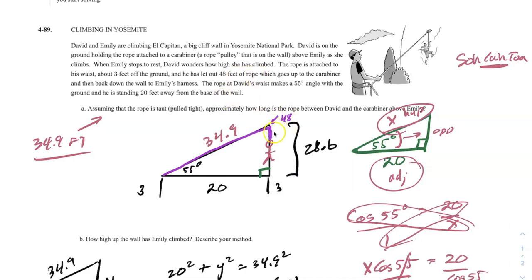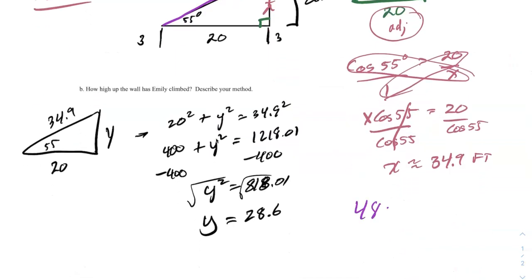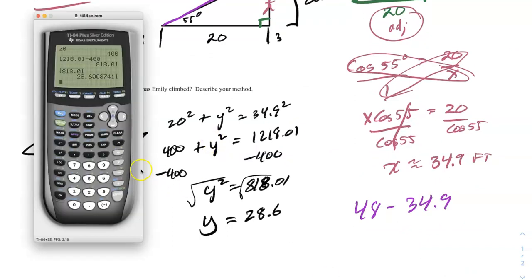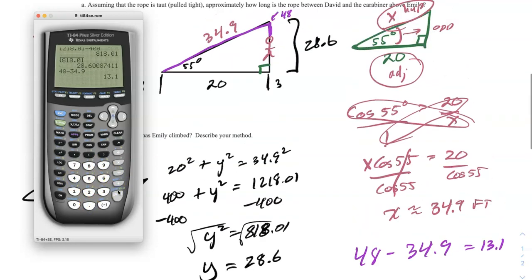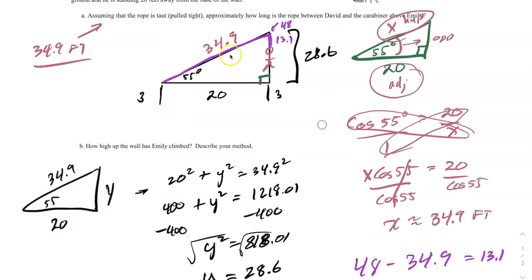If I do 48 minus 34.9, we get 13.1. So that's how much of the rope is on this side. Remember, the rope goes 34.9 this way, then it goes 13.1 down. Now how high is she? Well, she's the rest. She is from here to the ground.